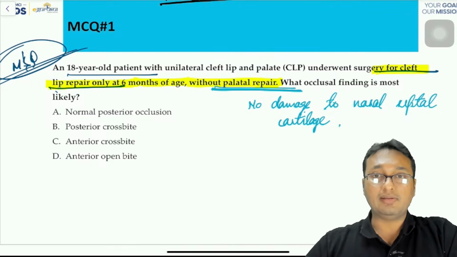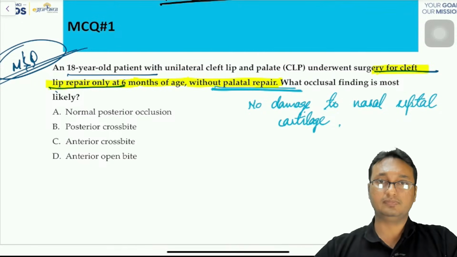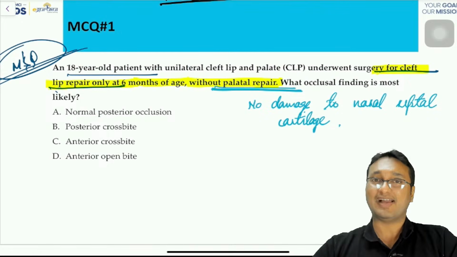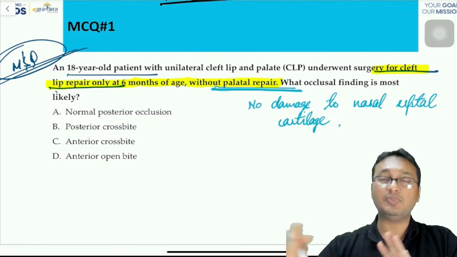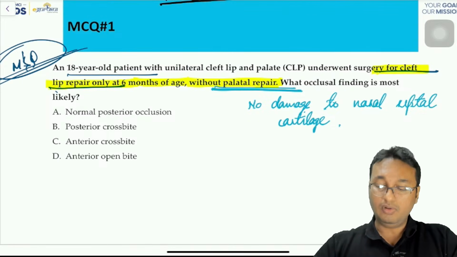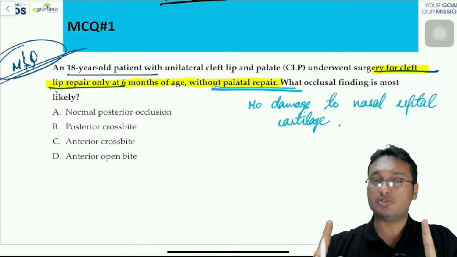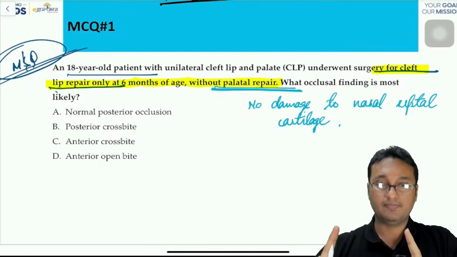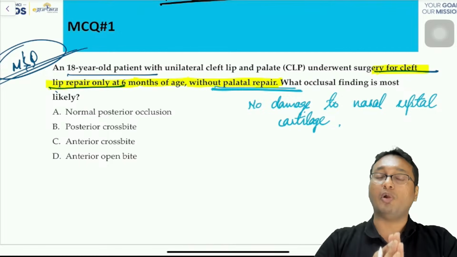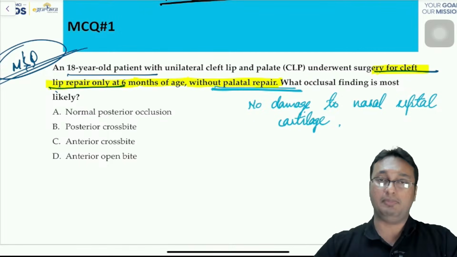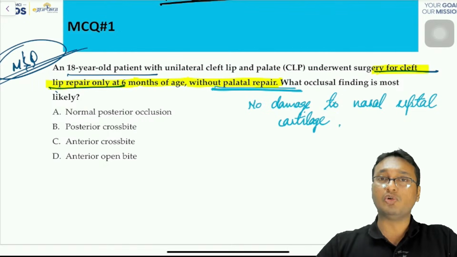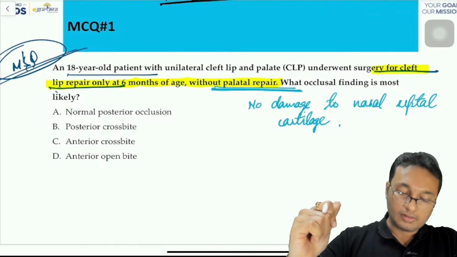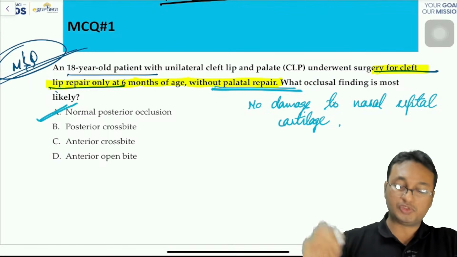So the nasal septal cartilage, which is the primary pacemaker for the growth and development of the entire nasomaxillary complex, is functioning to its fullest. There has been no damage, no scarring, nothing. So, when there is no damage, please listen to me very carefully, the maxilla is going to grow properly in the transverse and anteroposterior dimension. Once the maxilla is able to grow properly in the transverse dimension, you will observe normal posterior occlusion.